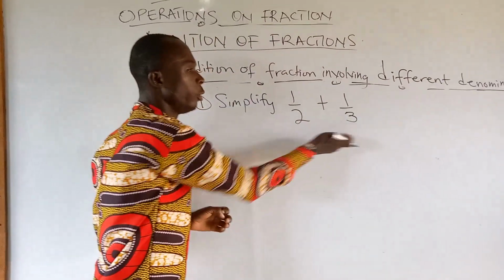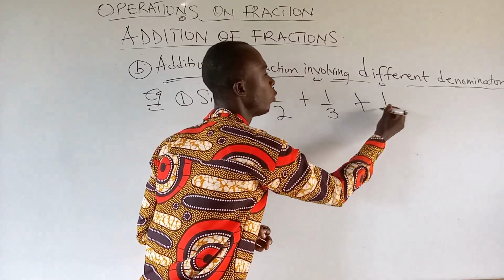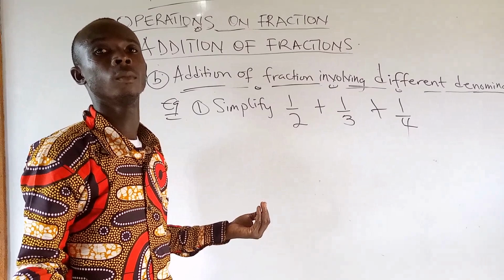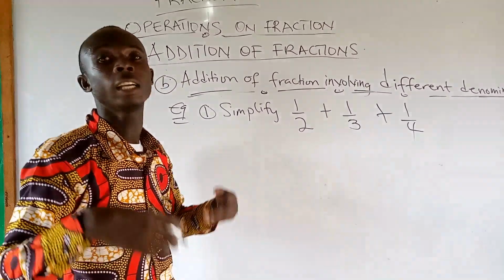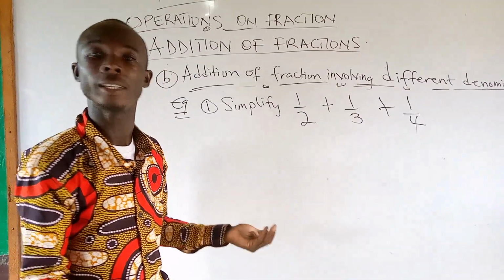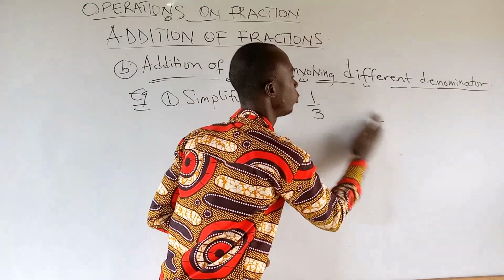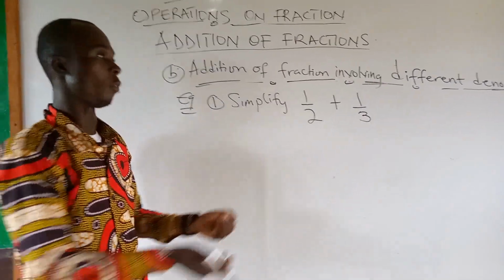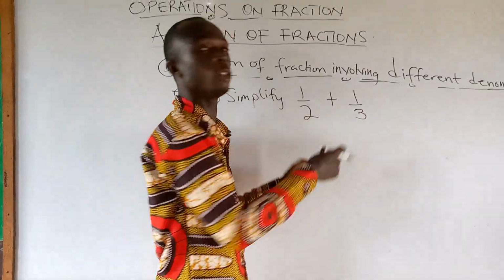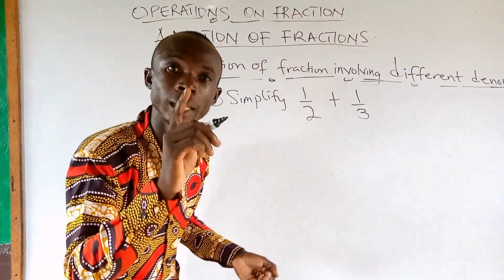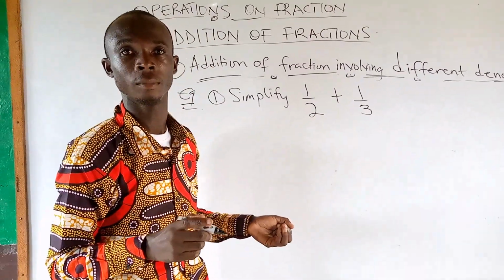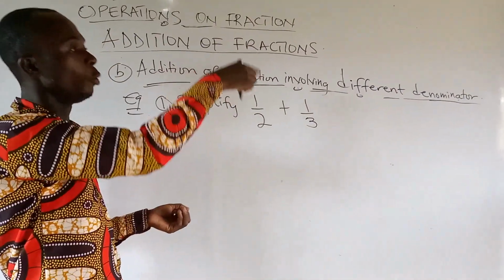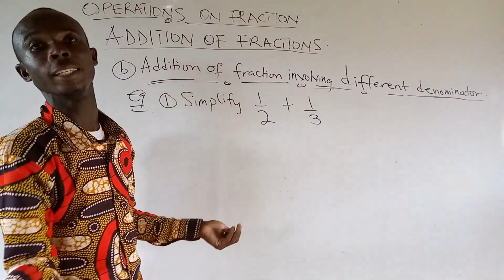Even though I'm giving you 2, they can add 1 over 4. They can give you 4 fractions, 5 fractions, but I'm just giving you 2. So 1 over 2 plus 1 over 3. This time we have different denominators, so you cannot choose one as your LCM. So you use the method that I used to find LCM.